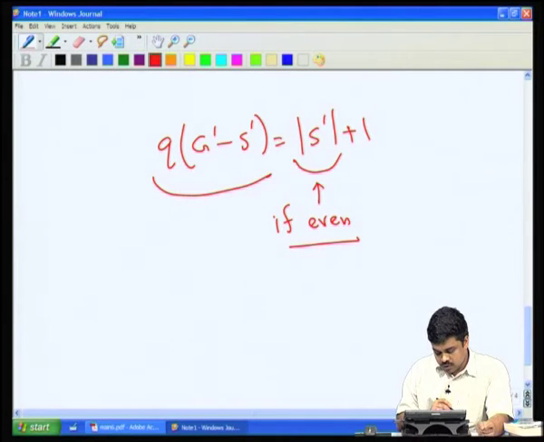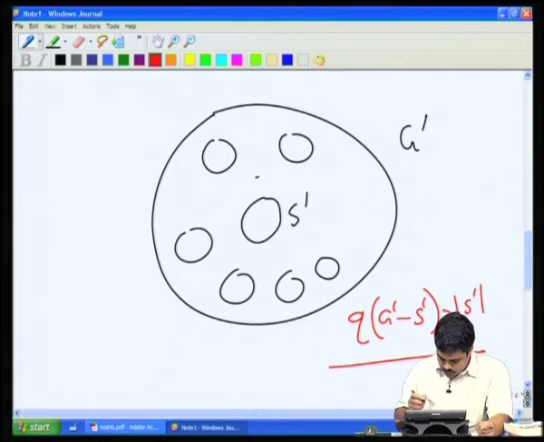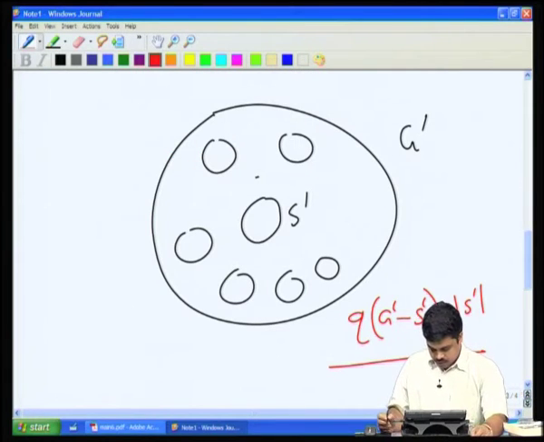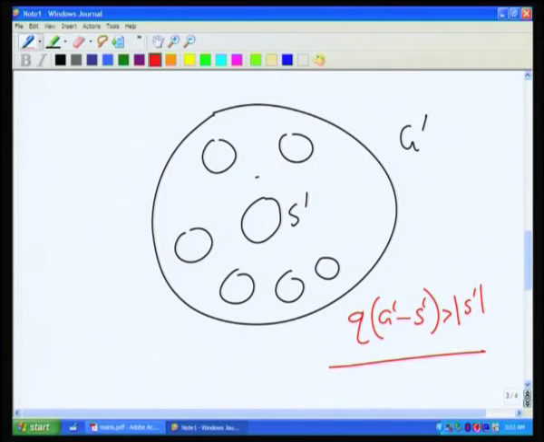So, what happens is, if s dash happens to be an even number and the number of odd components here is odd, then therefore the total number of vertices in the odd components is odd, plus s dash has an even number of vertices.